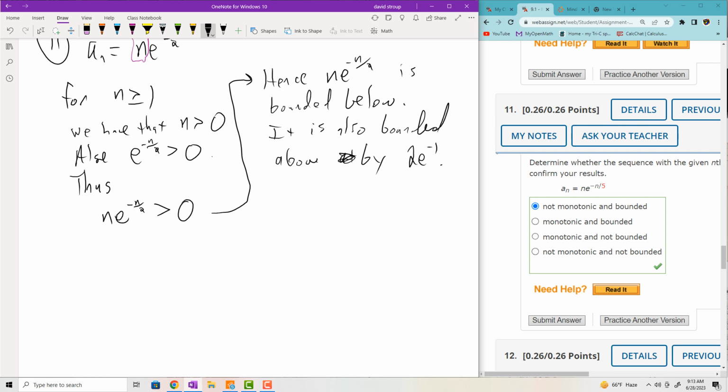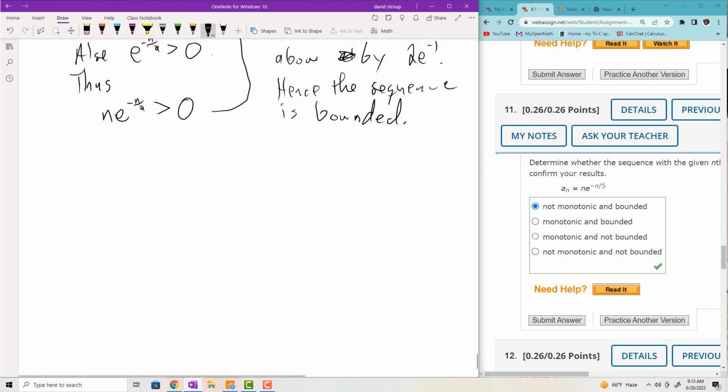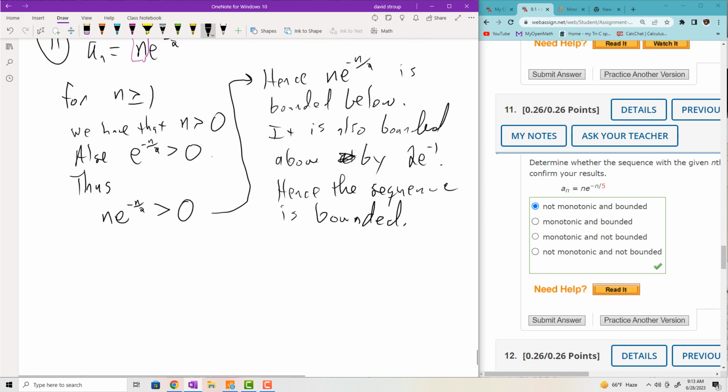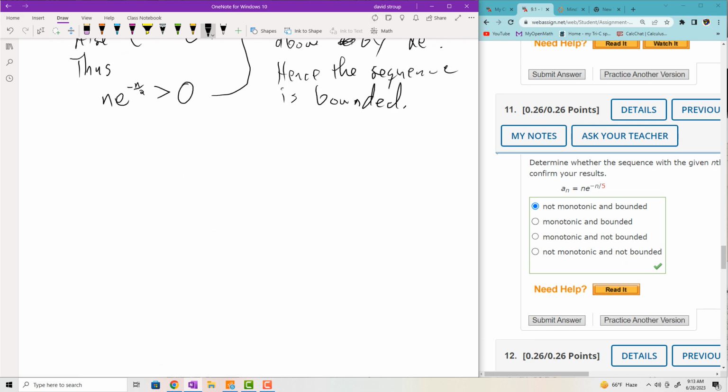Okay, so overall, it's bounded. But what I'm saying is, you only really need to show it's bounded in the direction that the sequence is moving. Okay. So there's some heavy-duty theorems that come along for the ride in this section.